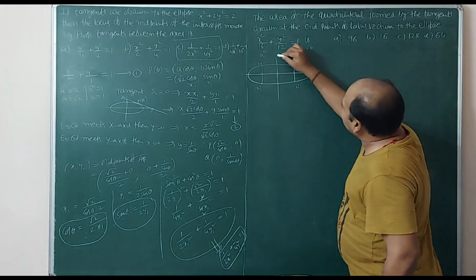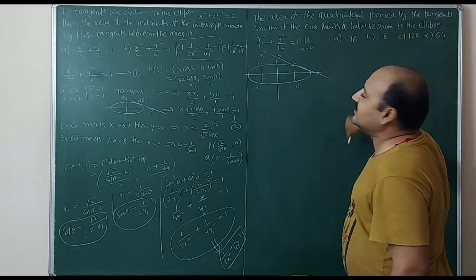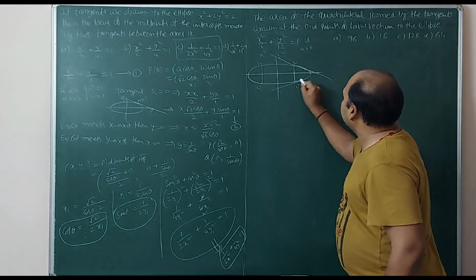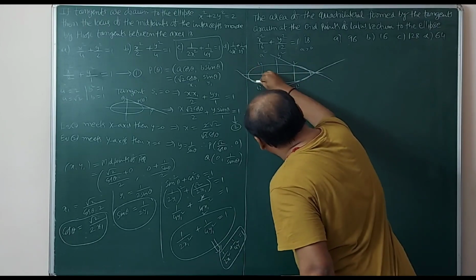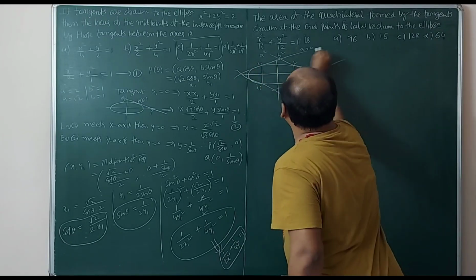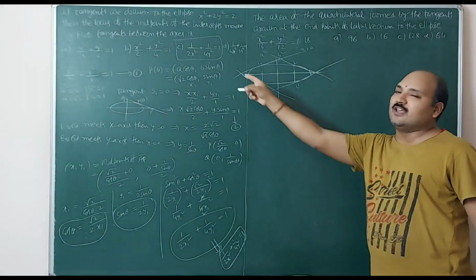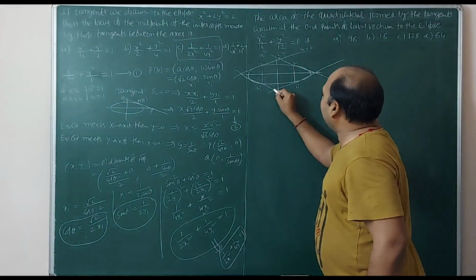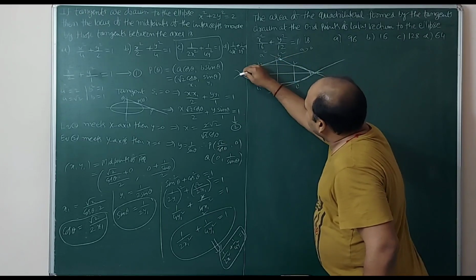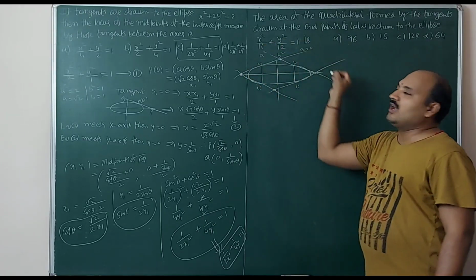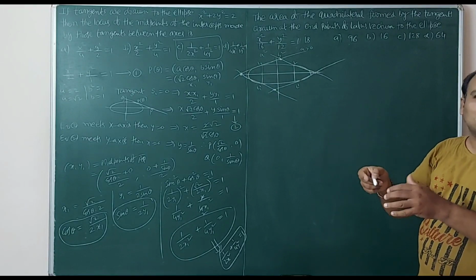At these points, you have to draw tangents like this. Even here also one tangent, even here also. Like this, tangents will be drawn. One figure we are getting here. This is a quadrilateral, and its area they are asking.